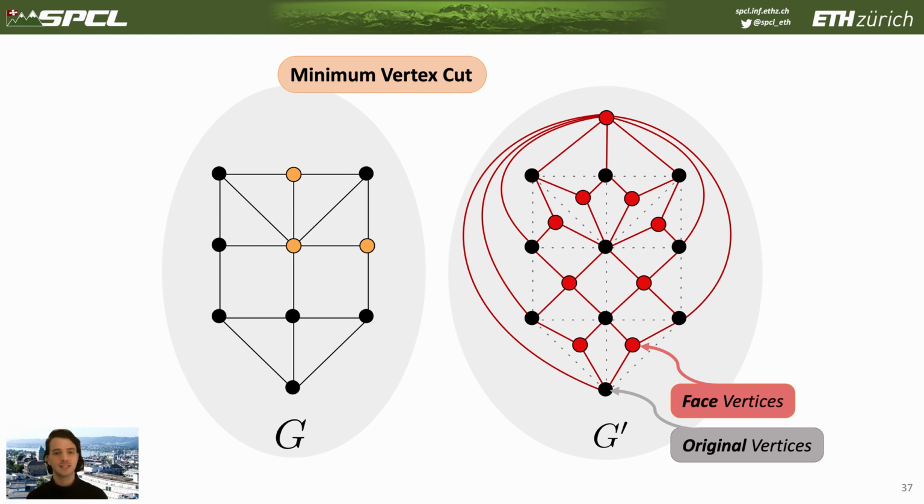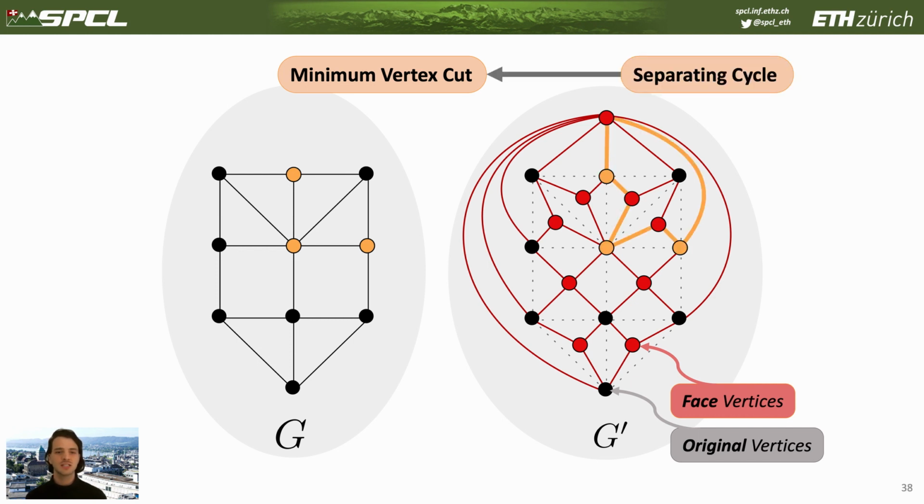Now, there is an edge from every face vertex to all the original vertices that surrounded the face in the original graph. In the example, you can see that a face vertex that corresponds to a triangle-shaped face has degree 3, and a face vertex that corresponds to a square-shaped face has degree 4. Note that this semi-dual graph is bipartite. One side is the face vertices, the other side is the original vertices.